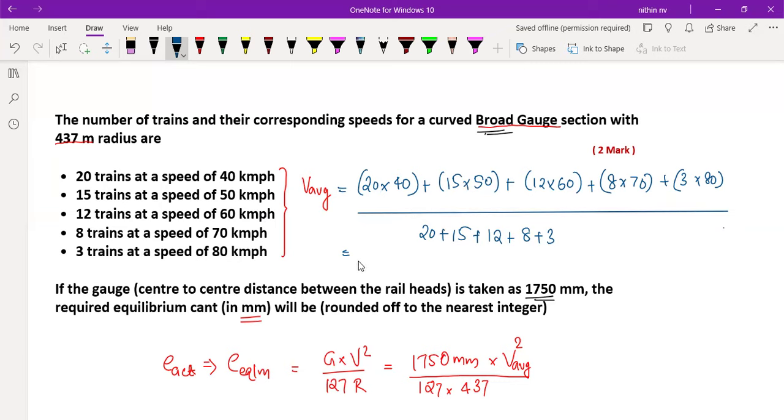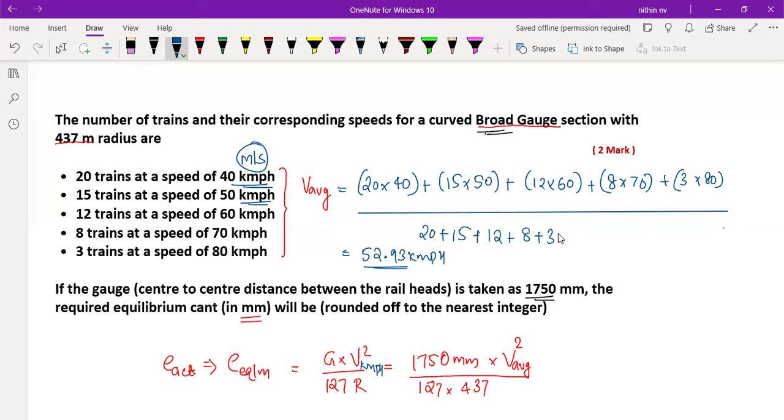Now, once you do this calculation, you are going to get around 52.93, obviously in kilometers per hour, because all these given values are in kilometers per hour, right? It's very important to note that here also we need to substitute the value in kilometers per hour. So no need to change now. Suppose if they were giving the values in meter per second, then the obtained value also will be in meter per second.